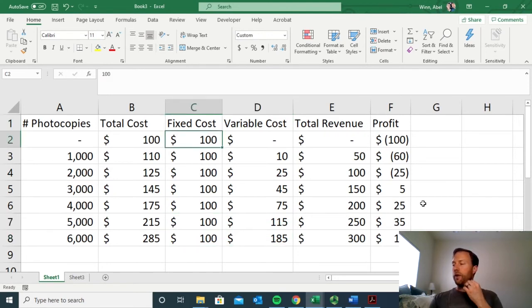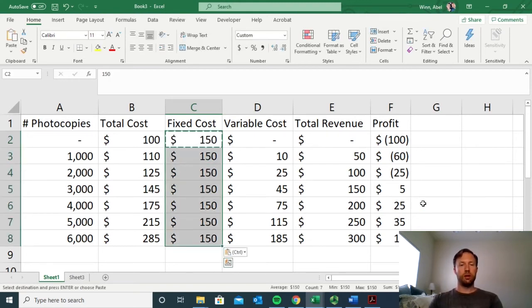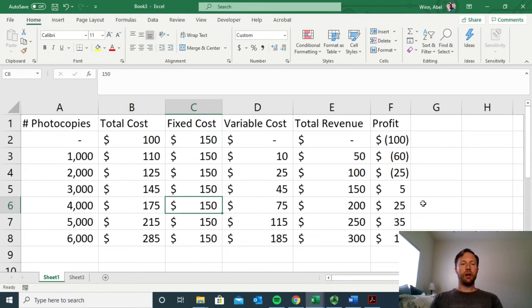Okay, $50 increase in the lease rate. Well, that lease is a fixed cost. Okay, that means that her fixed costs are going to go up from $100 to $150 a month. So let's make that change in this column. If her fixed costs go up by $50 a month, her total costs will also go up by $50 a month.